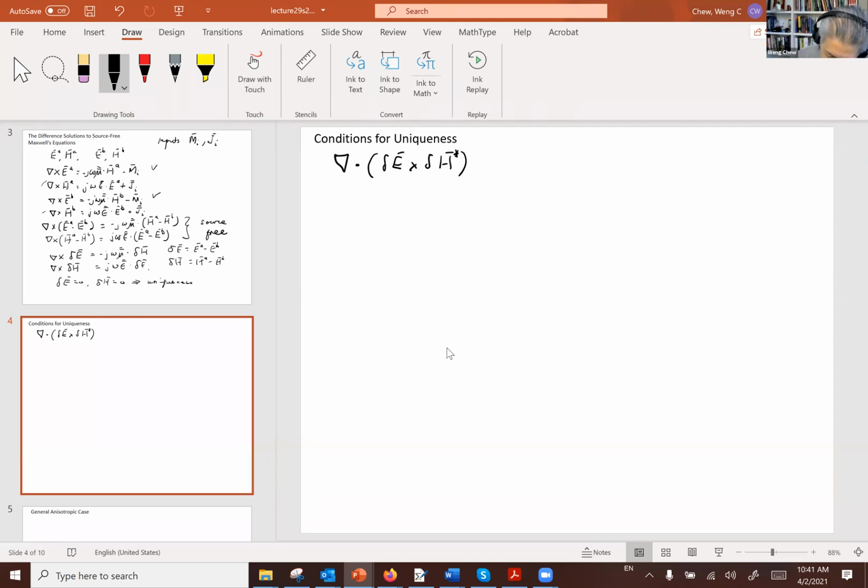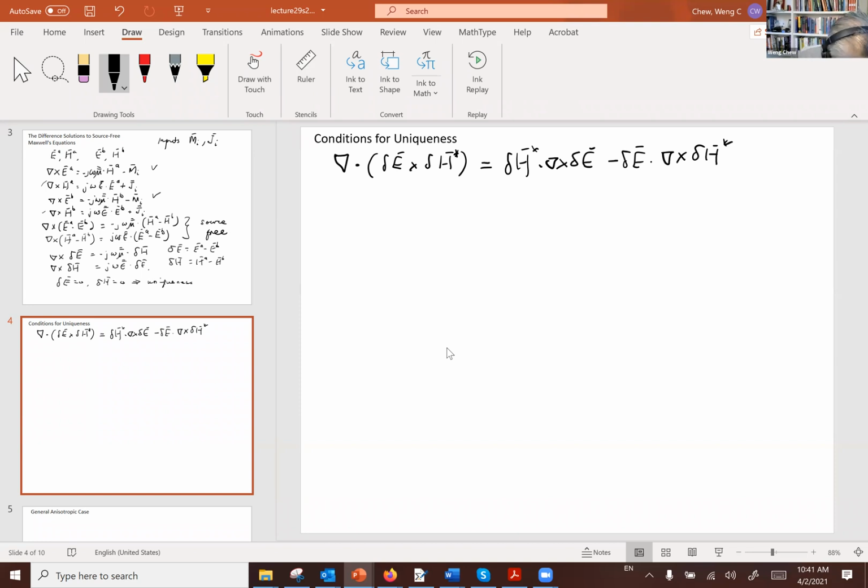So again, this is using the product rule. The divergence of the product of two functions is delta H star dot curl of delta E, and then minus delta E dot curl of delta H star. Okay, this is just the product rule for the divergence of two things.